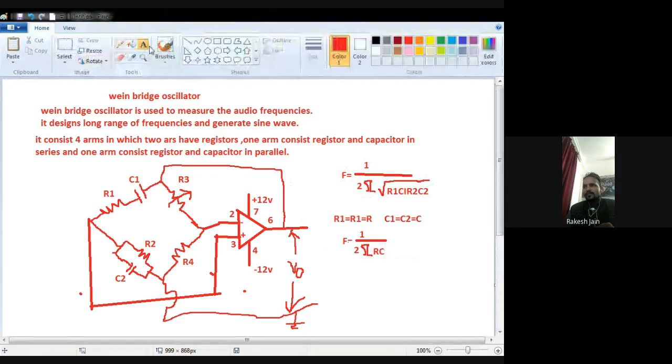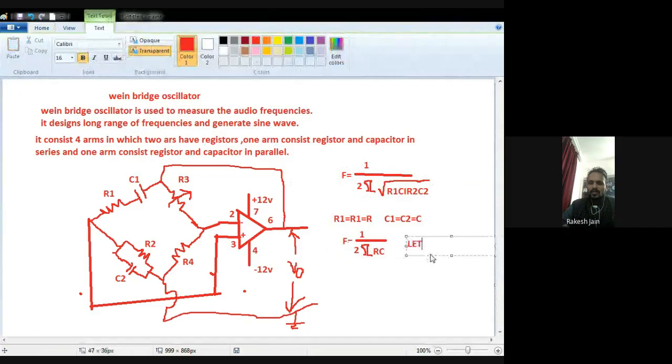Let's suppose we are going to design a circuit. Let the frequency we choose be 1 kilohertz, and let's suppose the capacitor value is 0.01 microfarad.